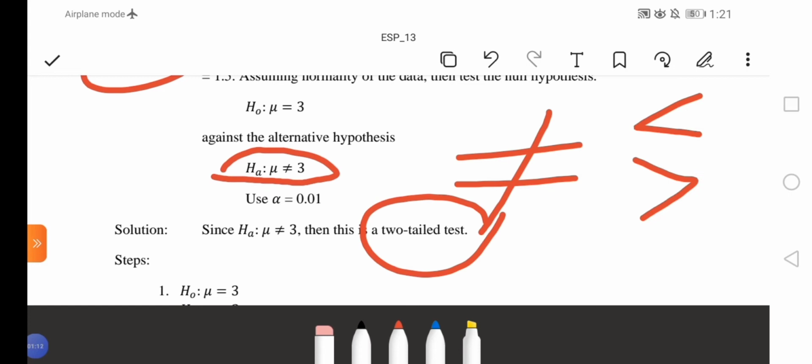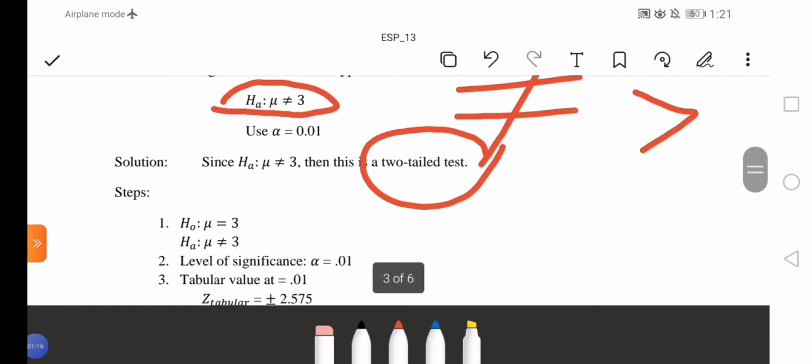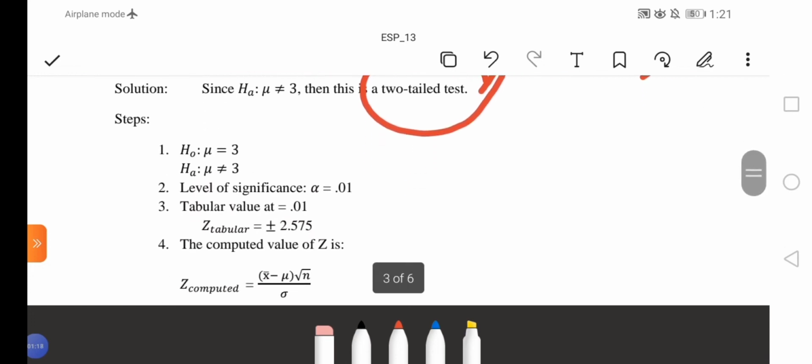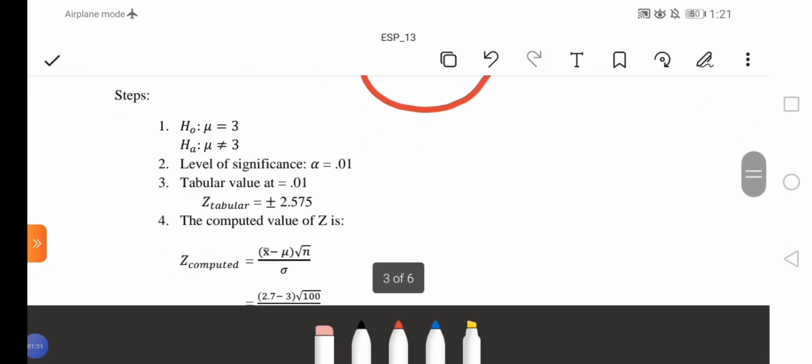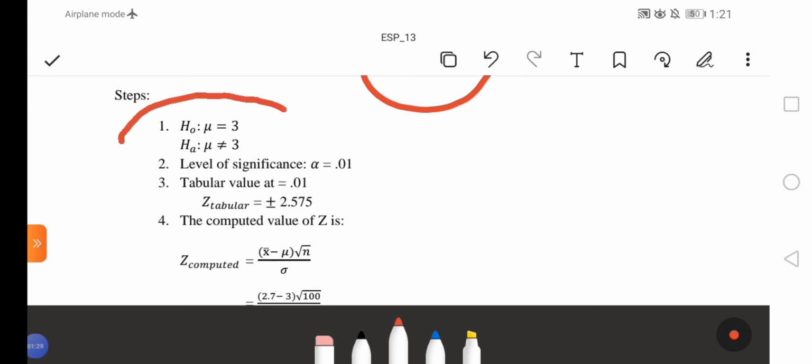So in testing the hypothesis, we have 6 steps. For number 1, state the null and alternative hypothesis, and the given example a while ago is nakastate yung null and alternative hypothesis.